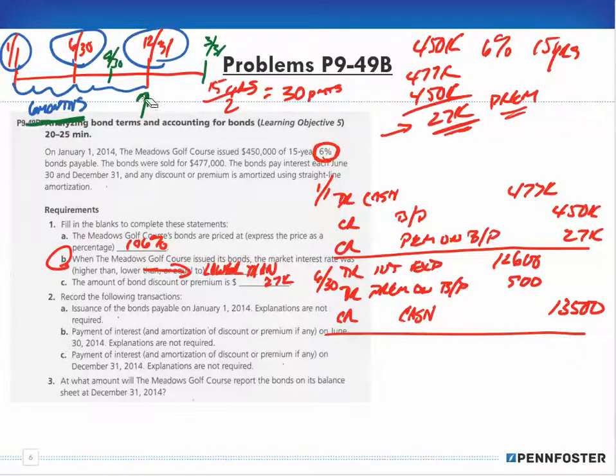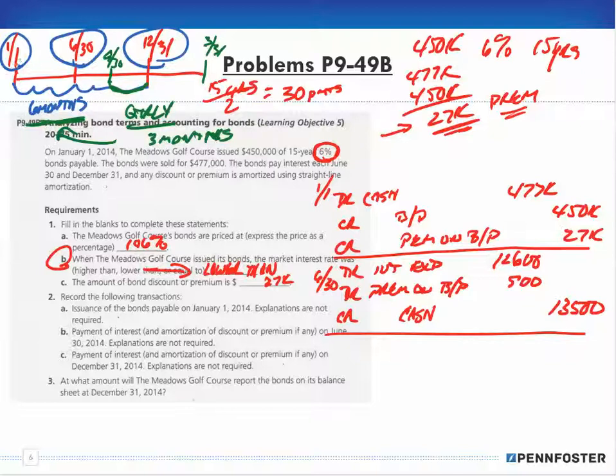However, if the terms of the bond say the payments are quarterly instead of semi-annual, every 3 months, then right here is a 3-month period, and you would not have an accrual. If it was a 6-month, you'd have an accrual. If it's a 3-month, you don't.